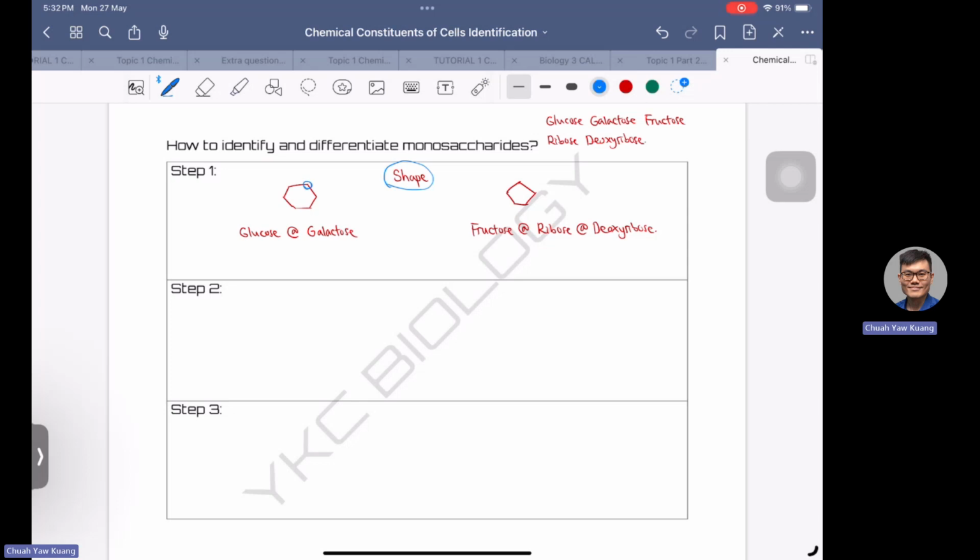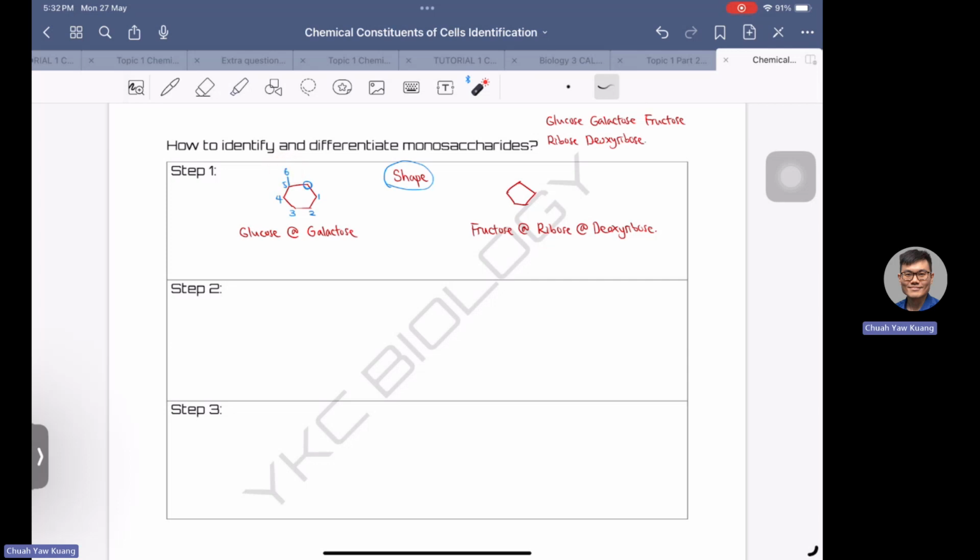This is carbon number 1, carbon number 2, carbon number 3, carbon number 4, carbon number 5, and up here carbon number 6, which is normally shown as CH2OH.